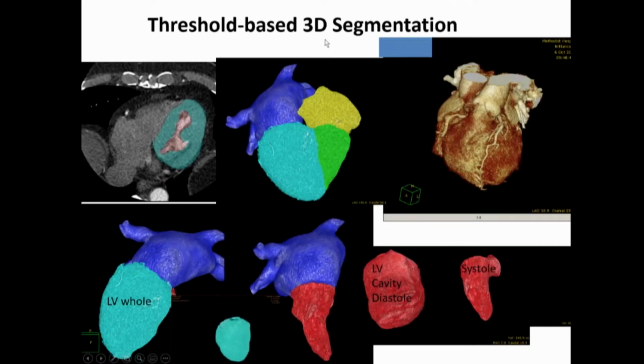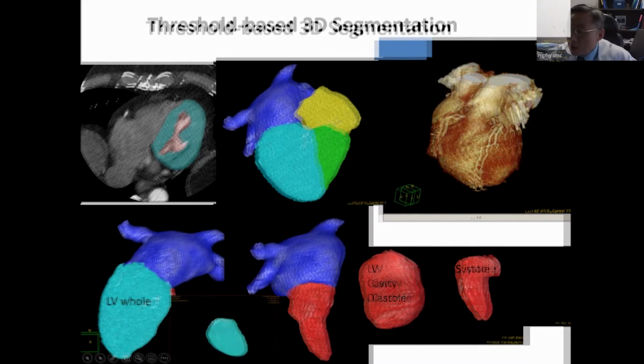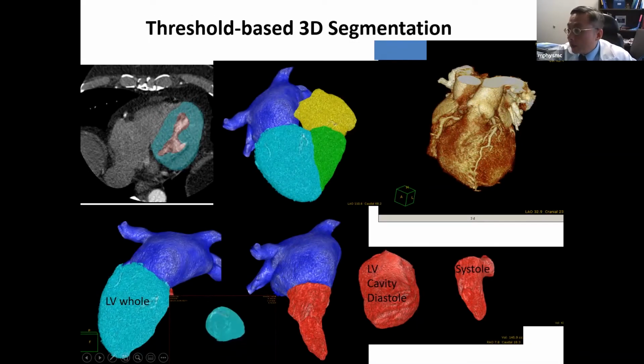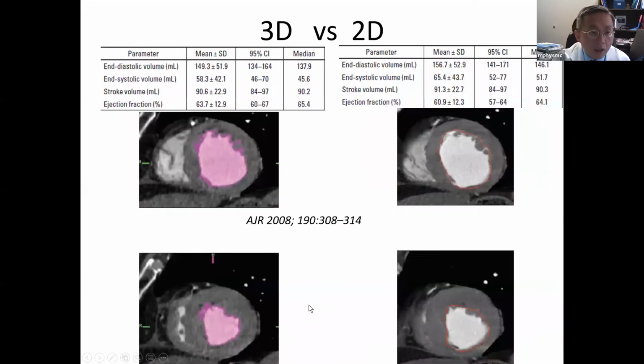We call it threshold-based 3D segmentation. Essentially, it's an automated method that relies on the difference between the LV cavity and the LV myocardium, and this is completely automated. When you have a difference of about 150 Hounsfield units, this technique works very well. You can see you can generate almost like an LV cast.